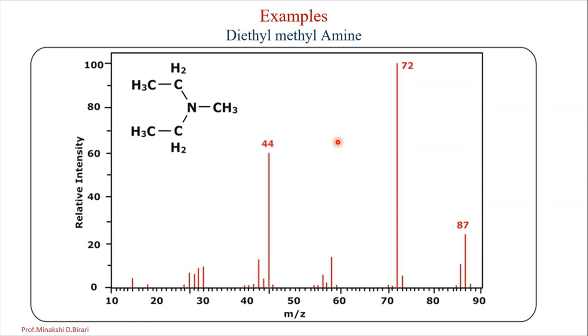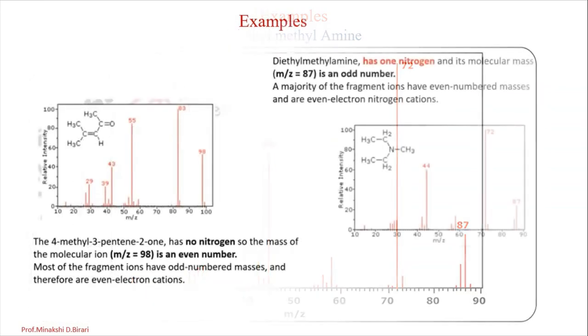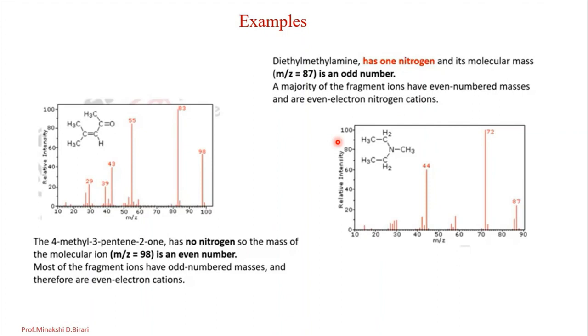Now, as we have studied these two examples, diethyl methylamine and 4-methyl-3-penten-2-one: in diethyl methylamine there is one nitrogen and its molecular mass, M by Z value, is an odd number, and the majority of the fragment ions have even numbered masses and are even electron nitrogen cations.